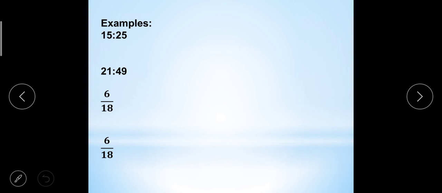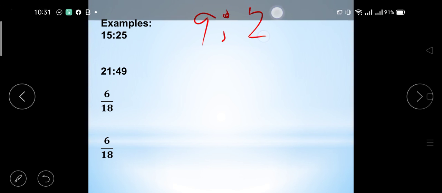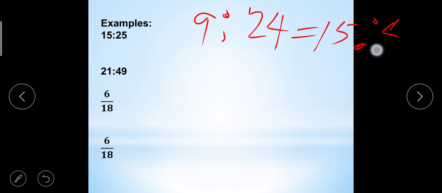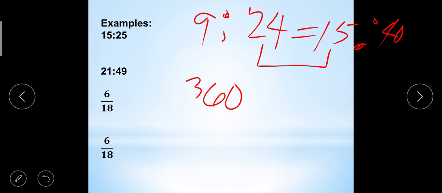Okay, so pag isusulat natin siya, we have 9:24 is equals to 15 is to 40. Okay? Product of the mean, 24 times 15. Ilan po? 360.